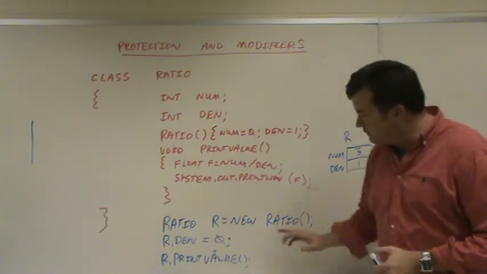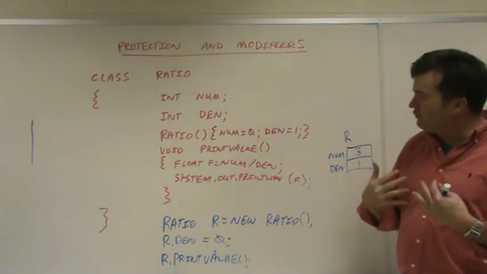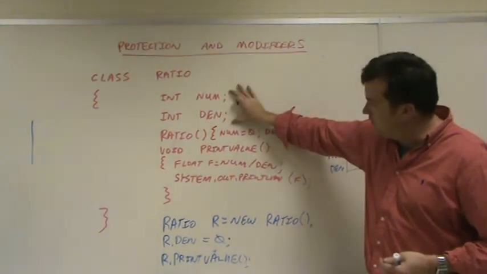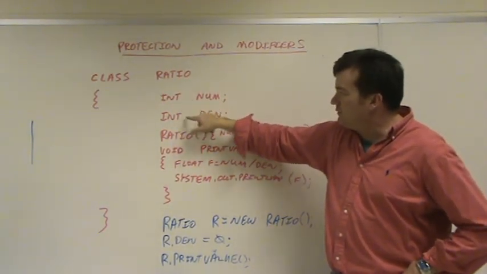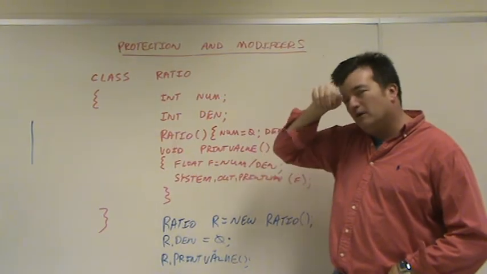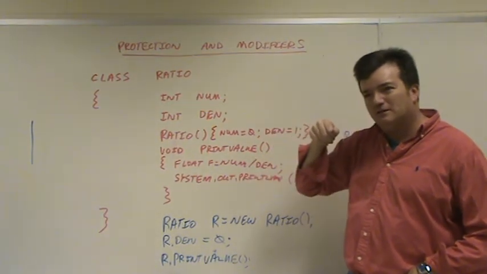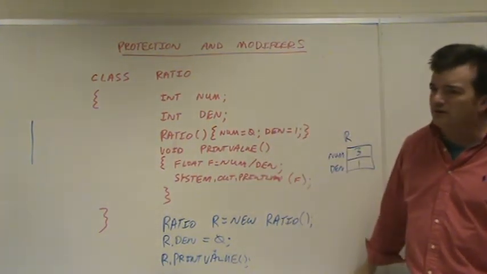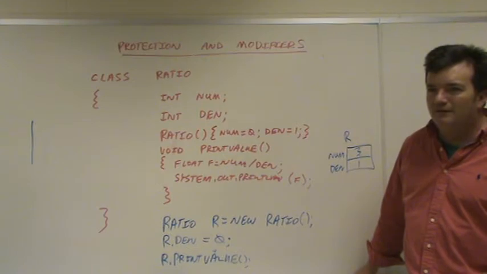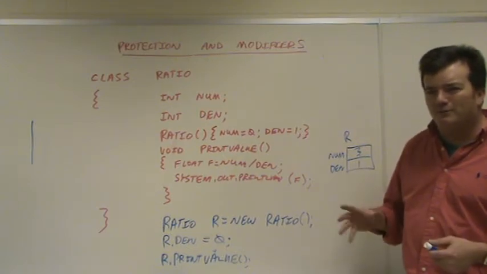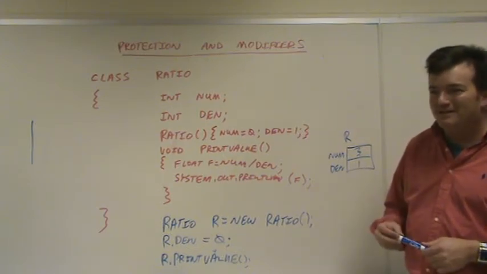So what we might do is say we want to keep private how we're going to implement the ratio. We might later on decide we don't want it to be an integer over an integer. Maybe we want a float over a float. Does that make sense? Is it defined in math that the numerators and denominators have to be integers?